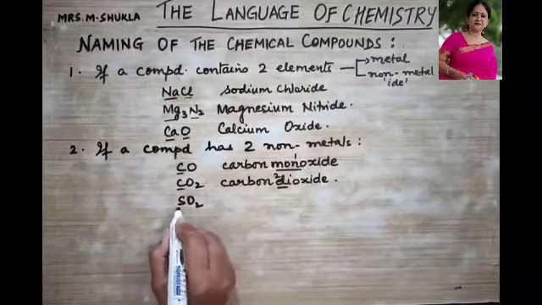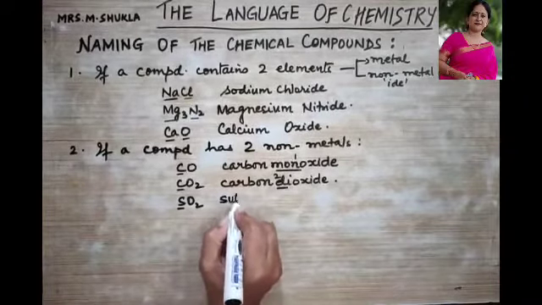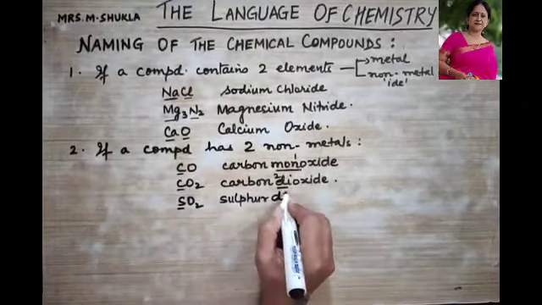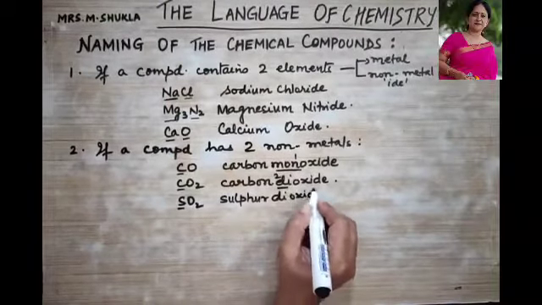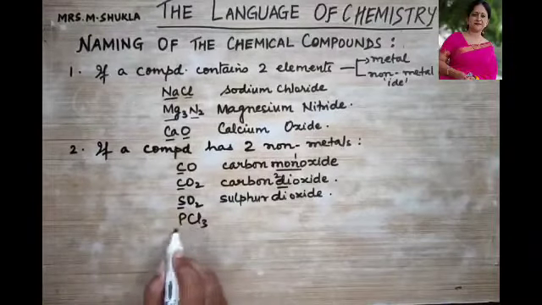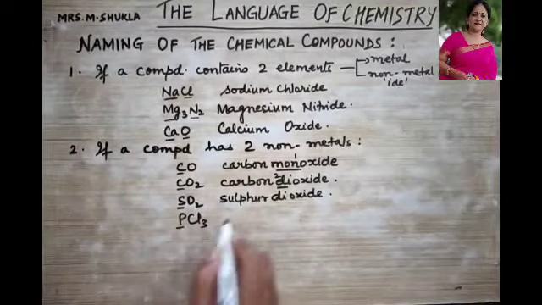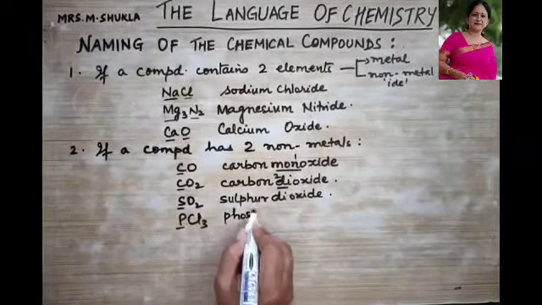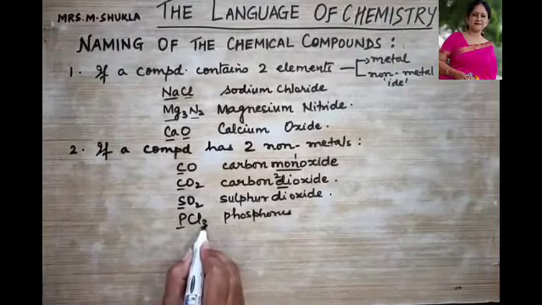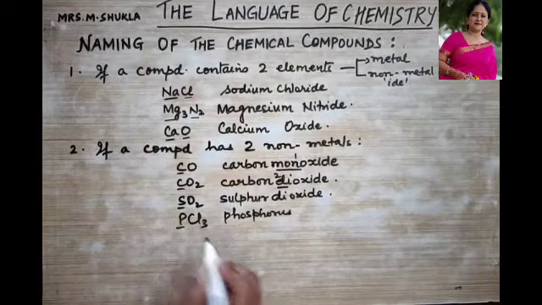Followed by this sulfur. This is S. S stands for sulfur dioxide. Let me give you one more example. PCl3. These two are non-metals. How do we write? P stands for phosphorus. How many chlorine atoms are there? 3.